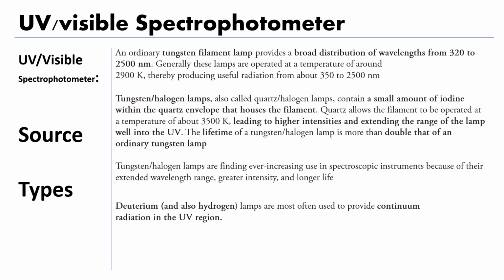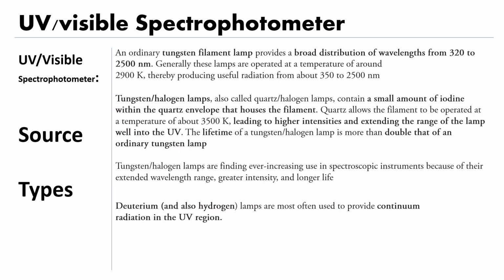Quartz allows the filament to be operated at a temperature of about 3500 Kelvin, leading to higher intensities and extending the range of the lamp well into the UV. One advantage is that the lifetime of the tungsten halogen lamp is double that of the ordinary tungsten filament lamp.